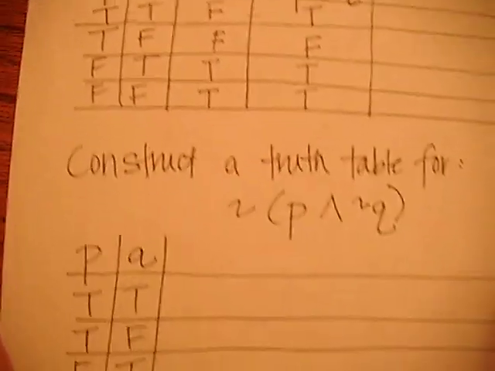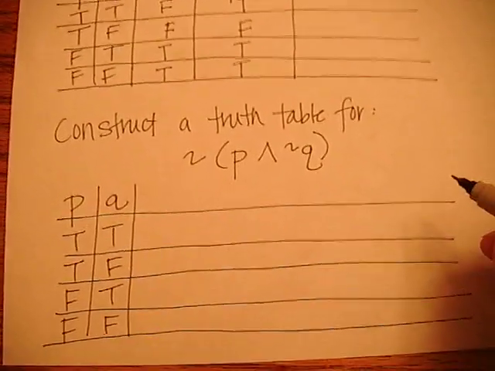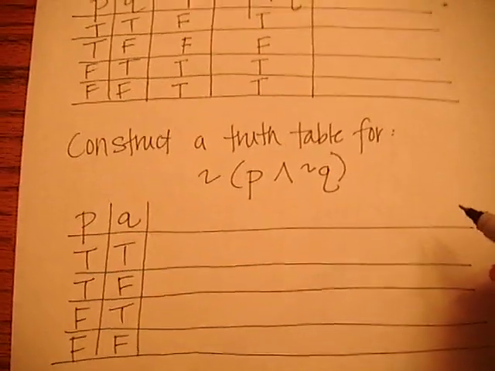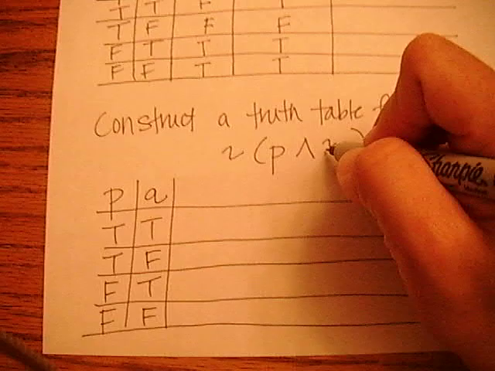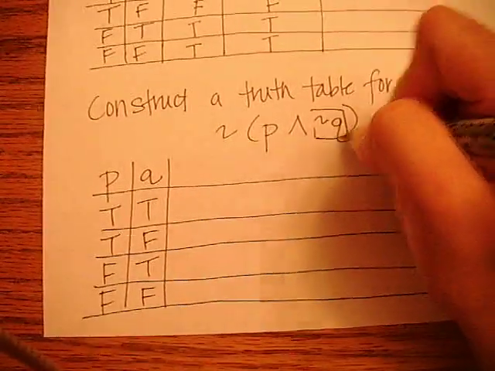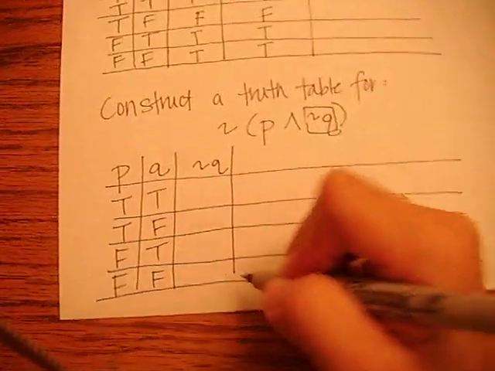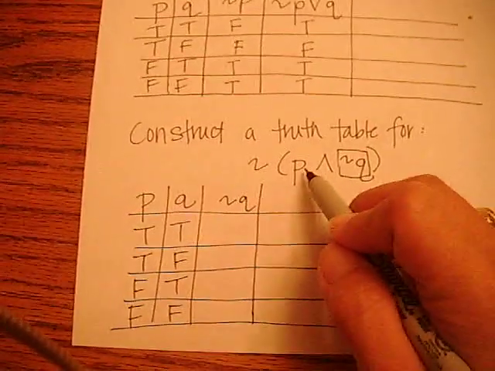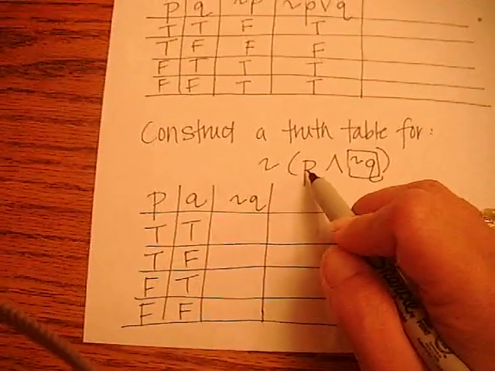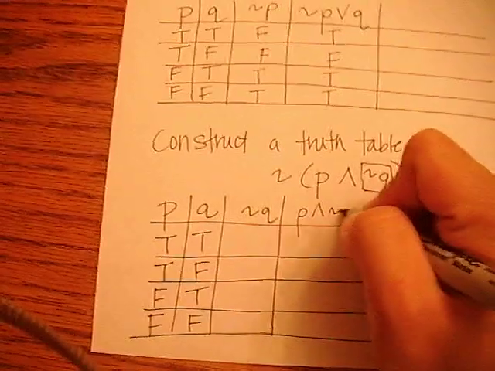Let's look at one that's a little bit more complicated. Similar, but a little bit more complex. Okay, we have our P and Q columns already filled in. And we're going to start with the negations on the very inside. So the first column I need to put up there is not Q. Okay, we're going to add one thing to that. So we're going to say P and not Q is our next column.